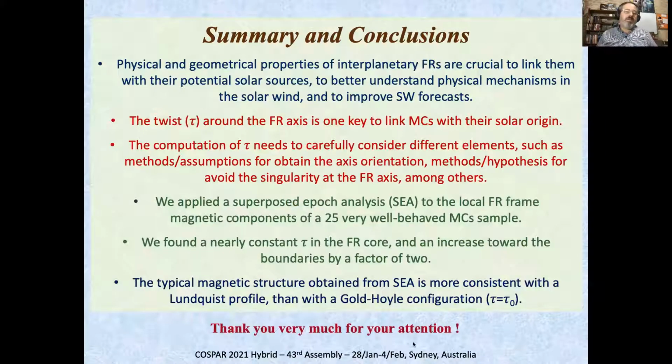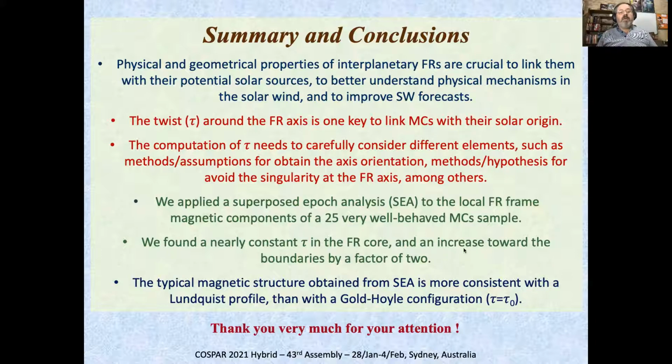So to summarize and conclude this talk, very fast: physical and geometrical properties of interplanetary flux ropes are crucial to link them with their potential solar source, to better understand physical mechanisms in the solar wind and to improve space weather forecast.